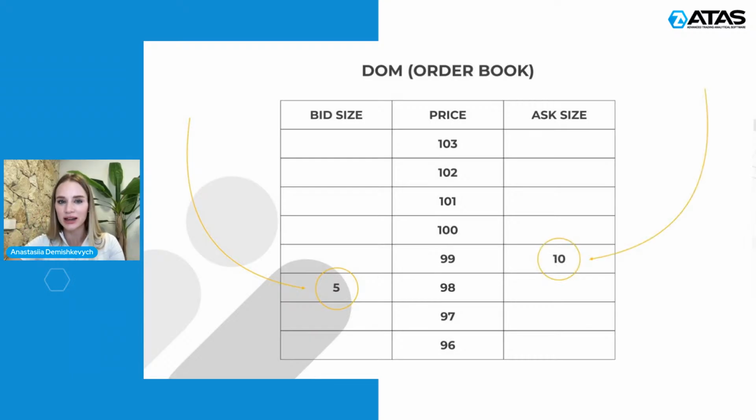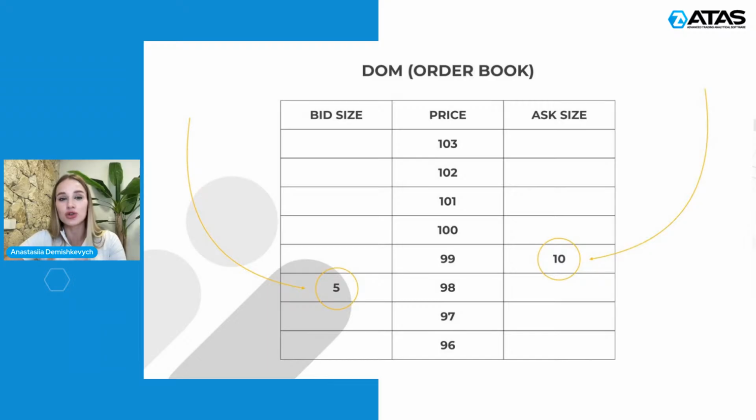Now, a couple of minutes later, a second trader shows up. He wants to sell 10 contracts at a price of $99. He places a limit order to sell, becoming a passive seller, and his order appears on the ask side of the depth of market. So the first trader wants to buy at $98 and the second trader wants to sell at $99 per contract.